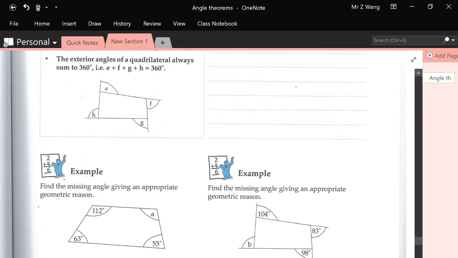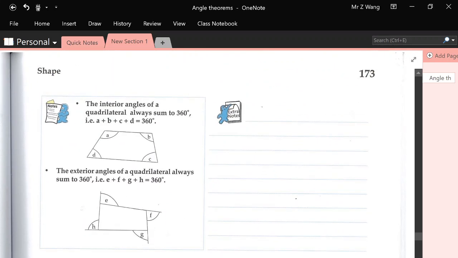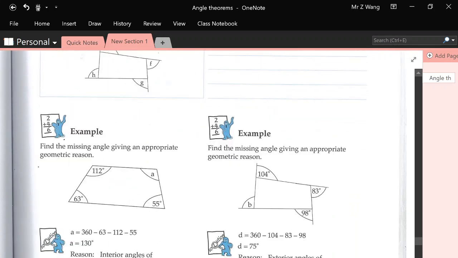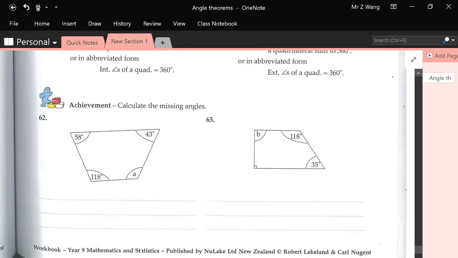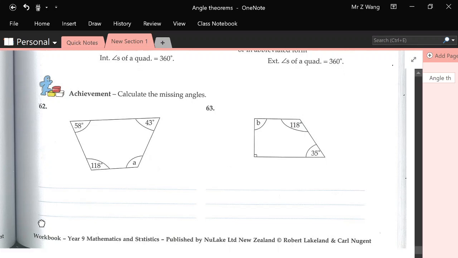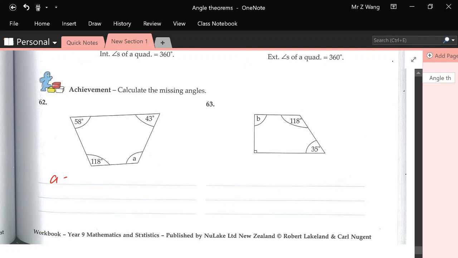Now, moving on to the next one, which is the interior angles of a quadrilateral add up to 360. This is also a merit question for you. Okay? Now, all of the inner corners add up to 360, so we can think of them as the corners of a classroom. Now, this A is 360 minus 58 minus 118 minus 43.